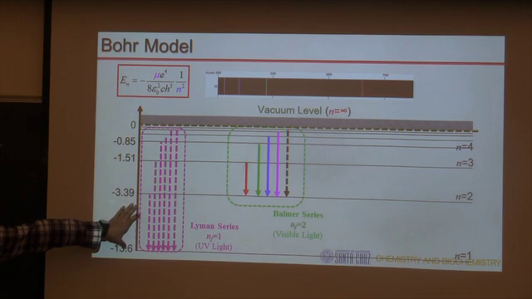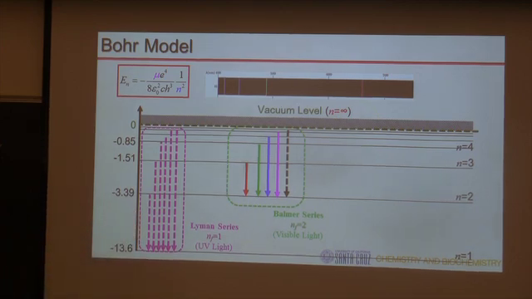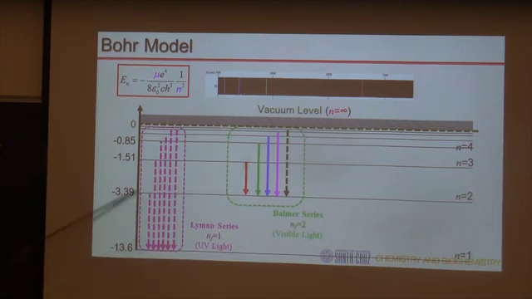Blue shifted to the UV region. So if this one is UV, this one must be UV. This one will have higher and higher energy and lower wavelengths, and this will be far UV. With our spectrometers, we only use visible light, so we cannot detect it.